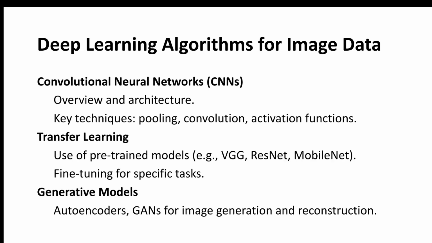Now, the deep learning algorithms used for image data. The convolutional neural network, the transfer learning approach and generative models we can use for image datasets. The convolutional neural network architecture is a widely known algorithm, which is used for classification, and we can also use the convolutional neural network for detecting multiple objects from images using the YOLO model.